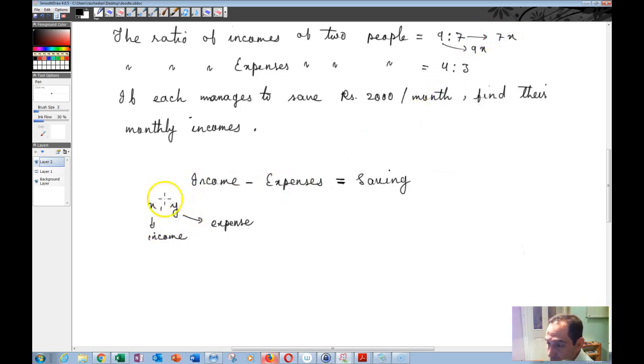And if I use the variable y for the expenses, and express the expenses of the first person as 4y, then the expenses of the second person are going to be 3y.